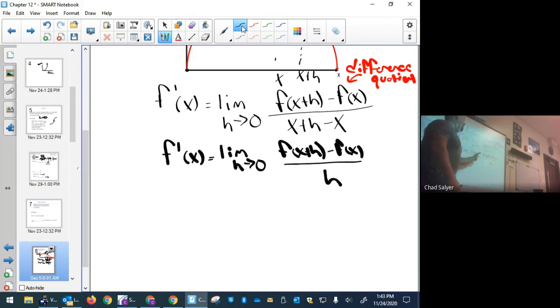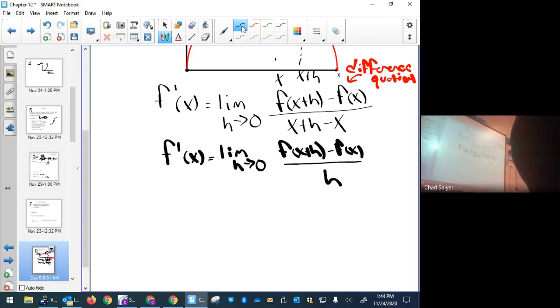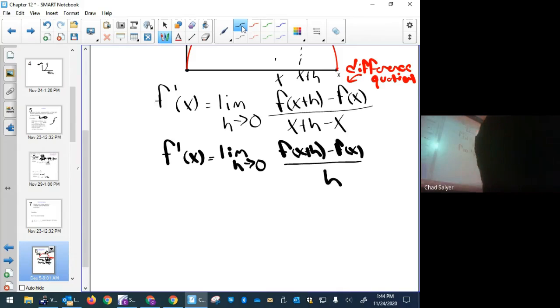Now, the simplest way to evaluate a limit is to just plug the value in. You can't do it because it creates division by 0. But sometimes you can algebraically eliminate the h in the denominator. And if you do that, well, then you can just plug in h equals 0 and find the derivative.